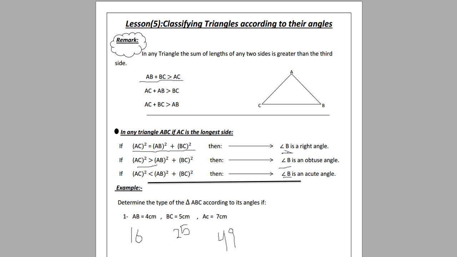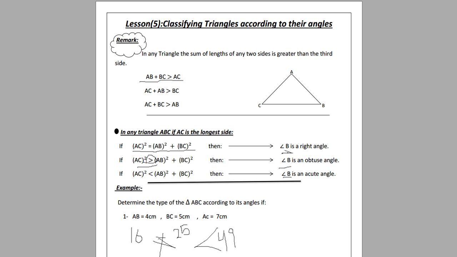So which case of these three cases? We have here the square of the biggest side is bigger than the squares of the other two sides added, so it is an obtuse angle triangle. So what is the obtuse angle here? It is B. Why? Because AC is the biggest side. Let's go to the other one.